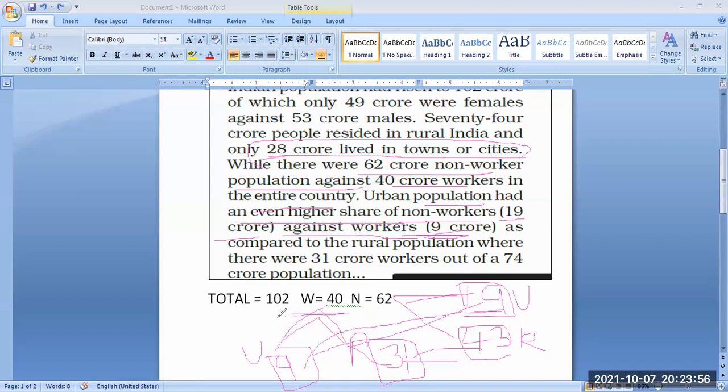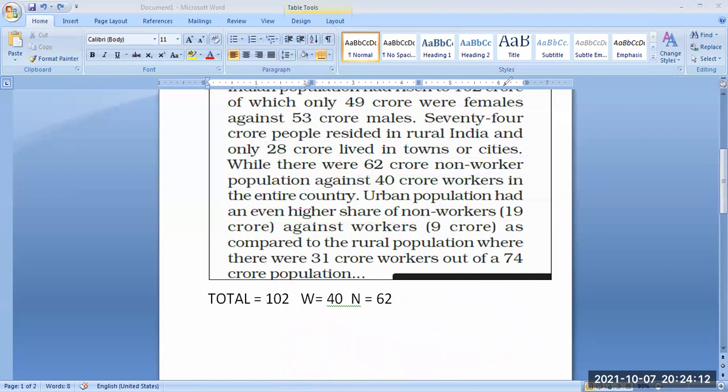So that is our rural population, 74 plus 28, total 102. Did you get these numbers? Note them in the table, they are required. Okay, right.